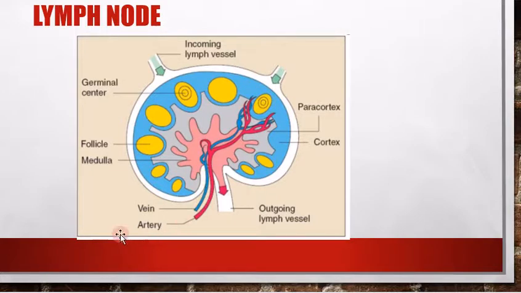Every node has such connections. The lymph comes in, gets purified, and the purified fluid goes into the arteries and then moves into the circulation.